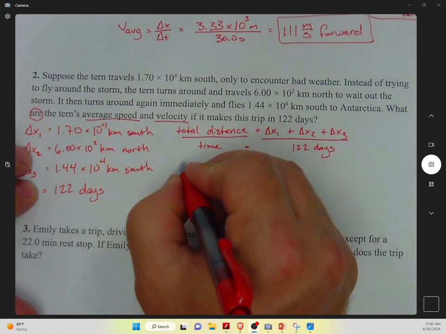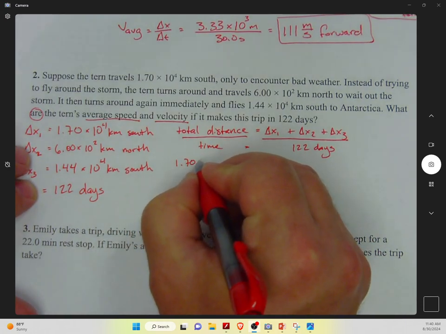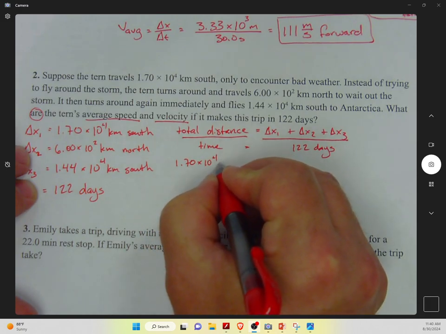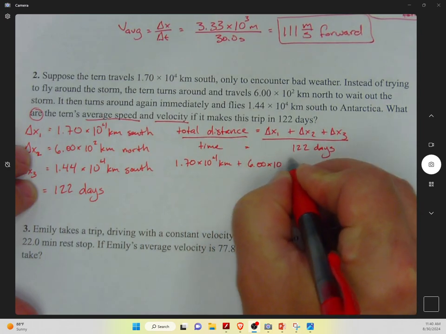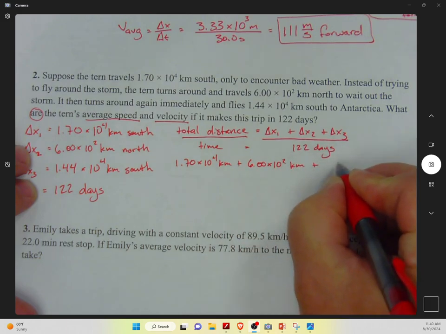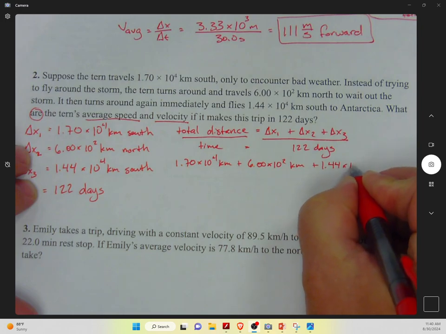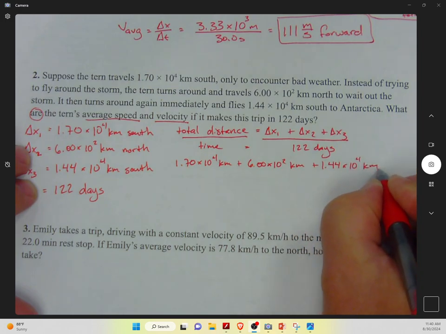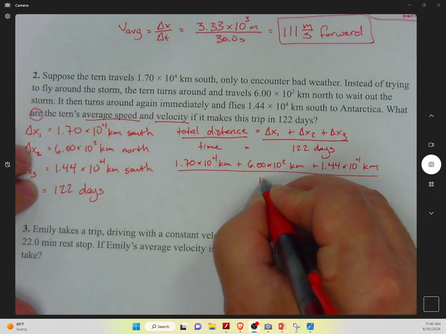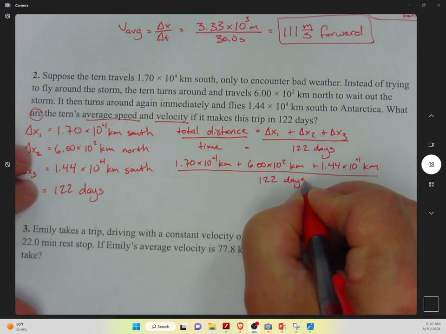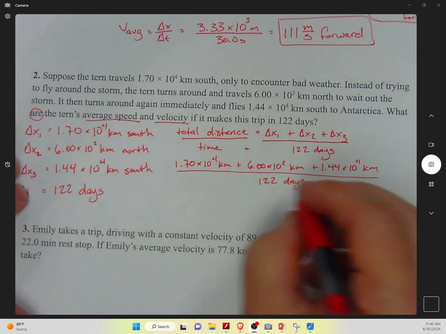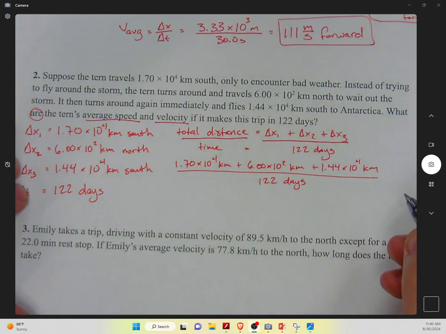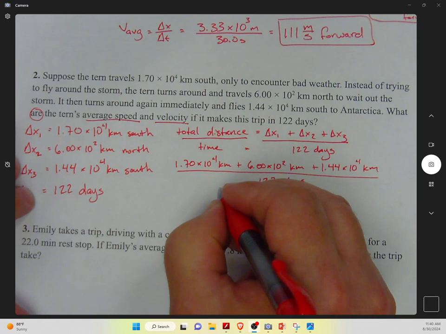So, let's add. I have to start writing kind of small here to make it fit. All divided by 122 days. Now, when you add all of these up, that's going to give you, I'm going to run out of space. Whatever.